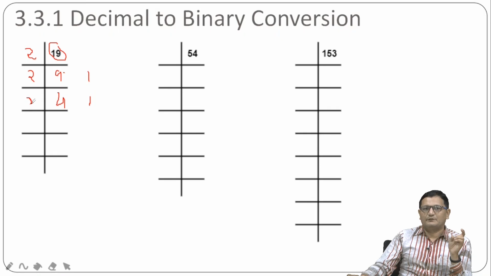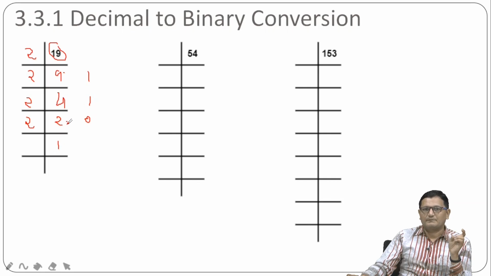Again we will try to divide this 4 by 2. So, 2 2s are 4. So, here obviously we will get 2, okay, and here the remainder is 0 because 2 2s are 4 and what we want is 4, right. Similarly, again we will divide this 2 by 2, 2 1s are 2, what we want?